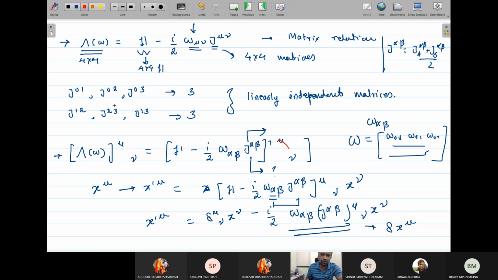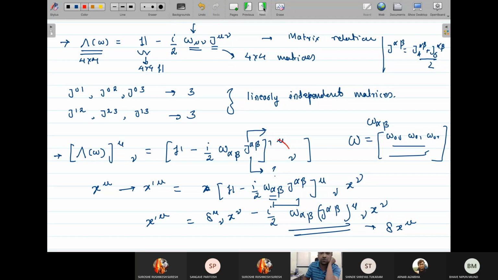Fine. The omega here is a collective label which involves boost as well as rotation. Now we can check. All these factors are arranged in such a way that you should get our original Lorentz transformation. This is the infinitesimal version.